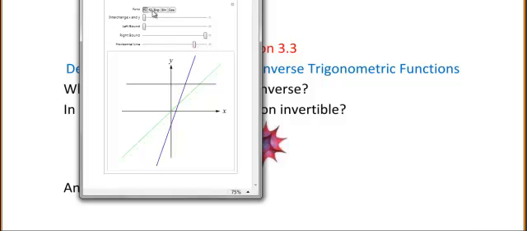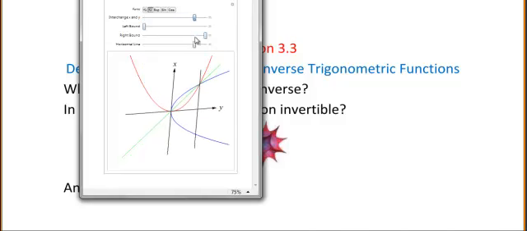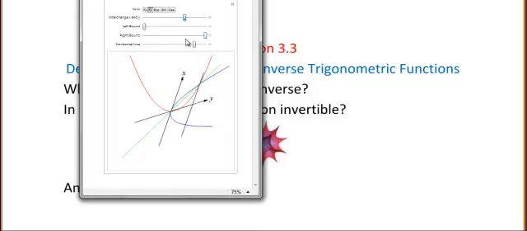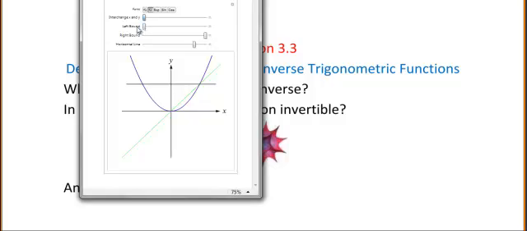Here's the example, x squared. Obviously, x squared does not pass the horizontal line test. If I interchange the x and y, I don't get a functional relationship because the relationship doesn't pass the vertical line test. I get a relationship, but it's not a function. But now what do we do? Sometimes we can fix things up so that we have a function. One way of doing that is to limit the values of x that we'll consider to be allowable.